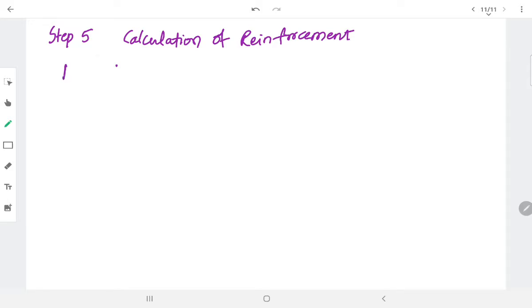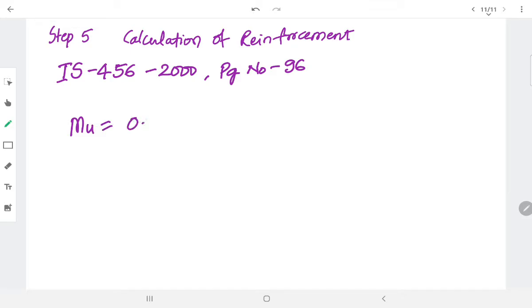For a singly reinforced beam, I will refer to Indian Standard Code IS 456:2000, page number 96. There the equation is Mu equal to 0.87 Fy AST d into bracket 1 minus AST Fy divided by Fck b d. We already used this equation to calculate the limiting moment of resistance.